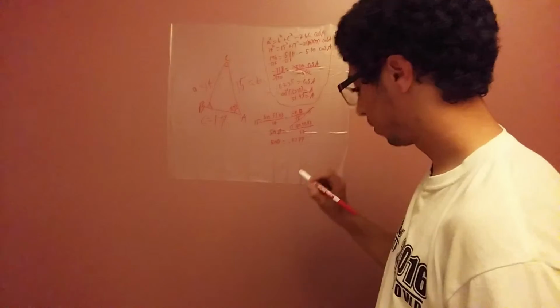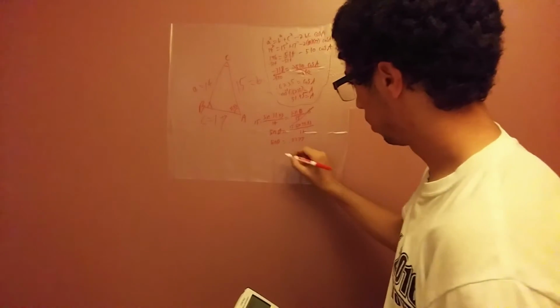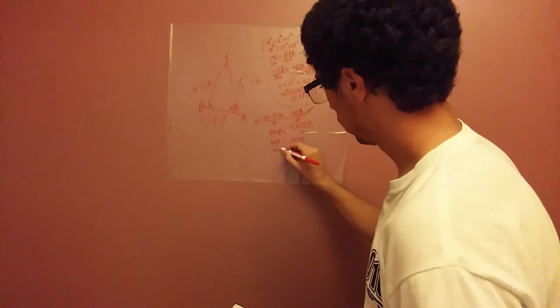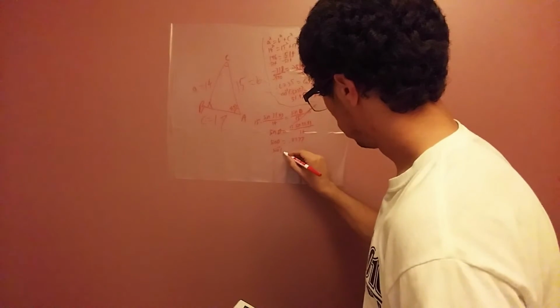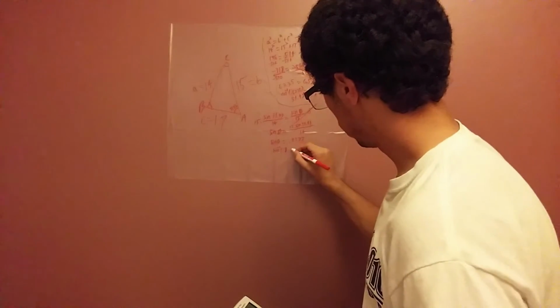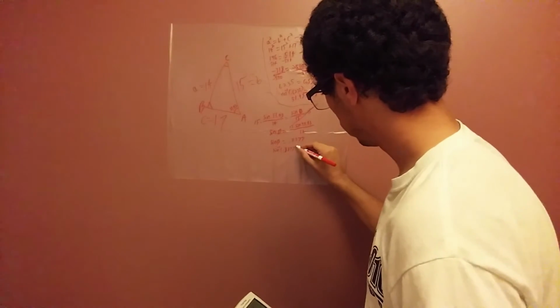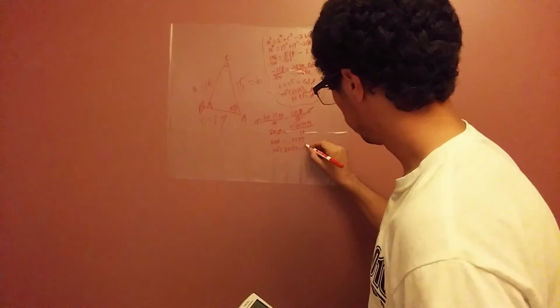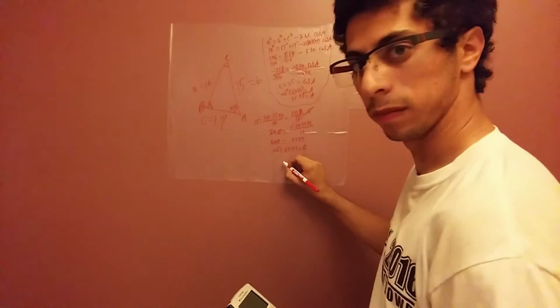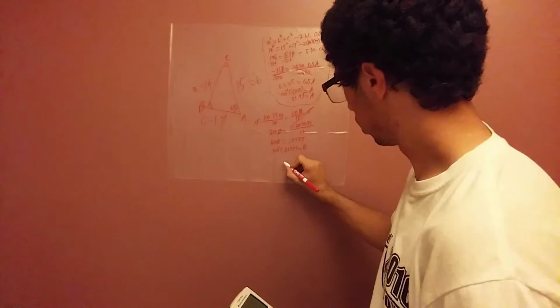So then you have to find the inverse. So sine inverse of 0.8377 equals B.